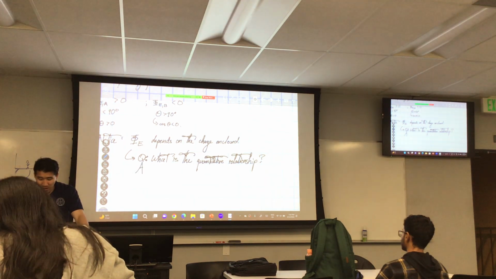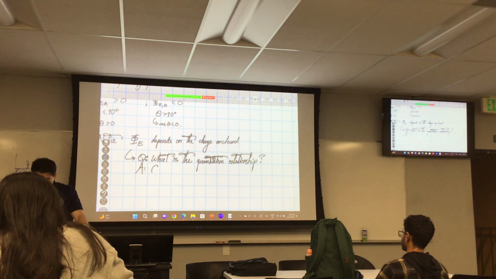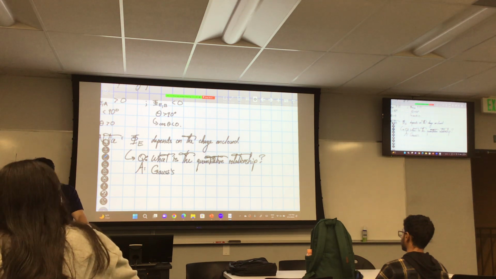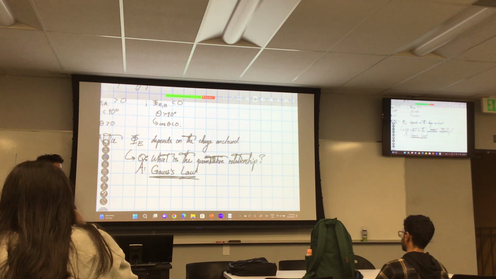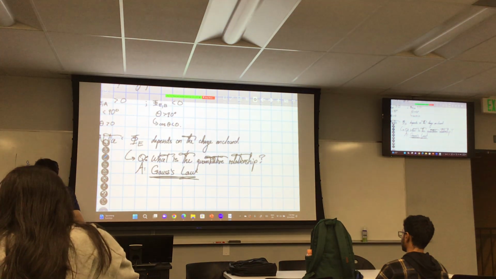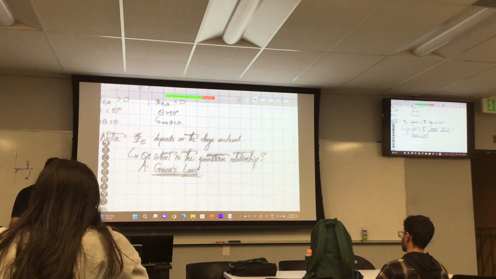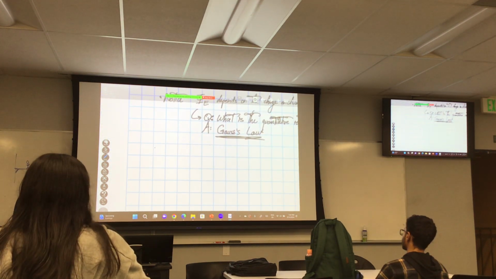And the answer to this is what is called Gauss's law. So we have finally talked about all the different ideas that lead to Gauss's law, so we can now begin talking about what Gauss's law actually is. So let's talk about Gauss's law.